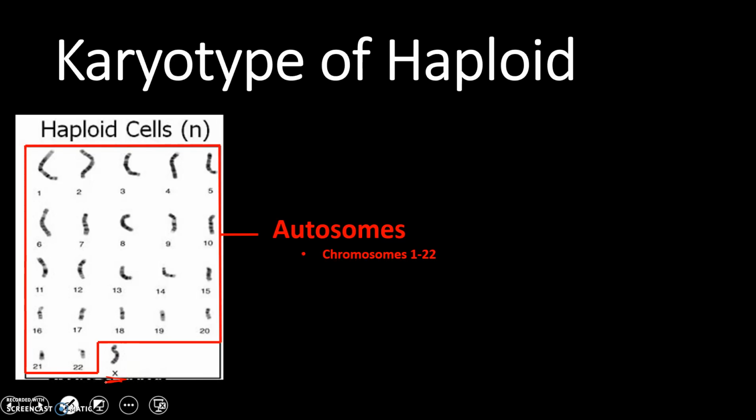The easy way to remember it is an autosome determines everything but gender. When we look at the X chromosome, those are the sex chromosomes. Those could be either X or Y, and that determines if that person is going to be a male or female. Autosomes pretty much code for everything else but gender.